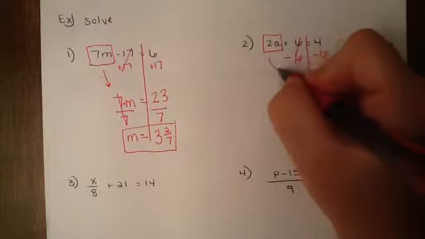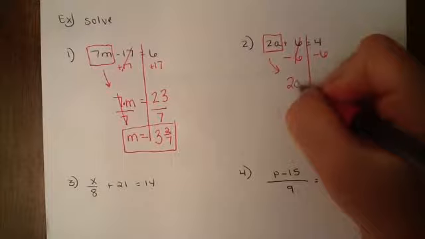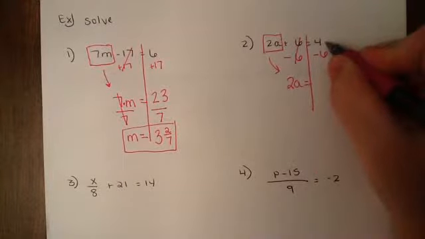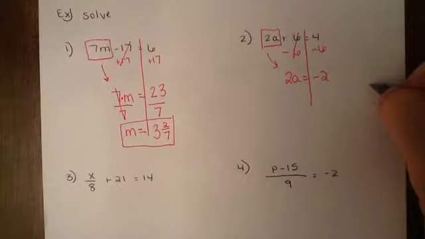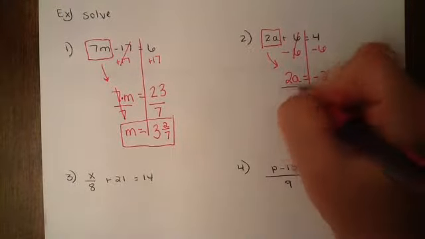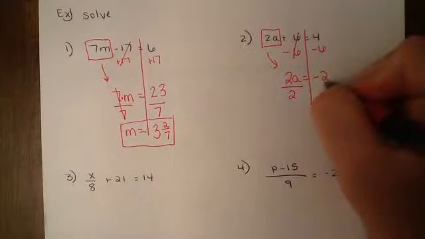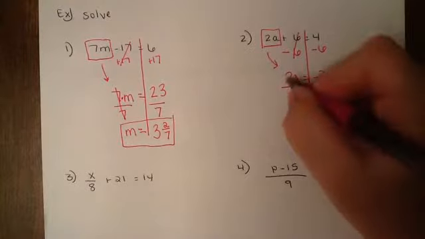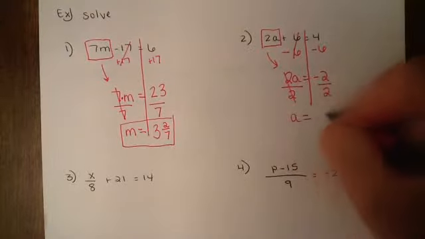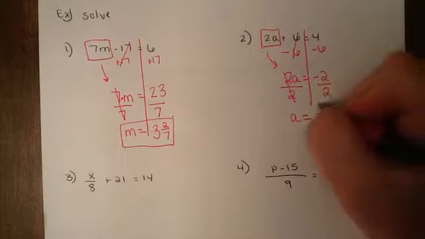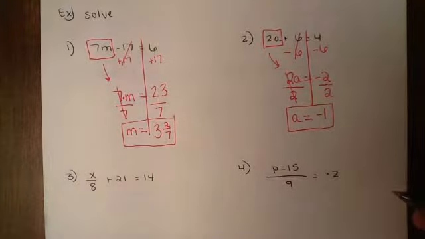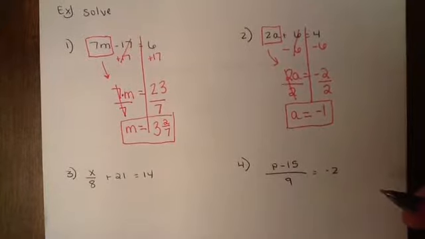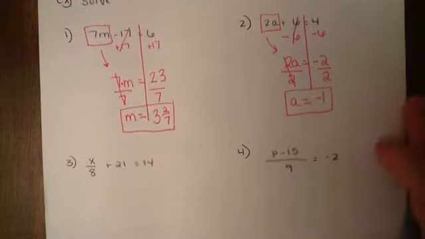These 6's cancel. 2a equals negative 2. And now, how did you solve for a? Divide by 2. A equals negative 1. And how can you be sure that you always get your answer correct? Plug it in and check.